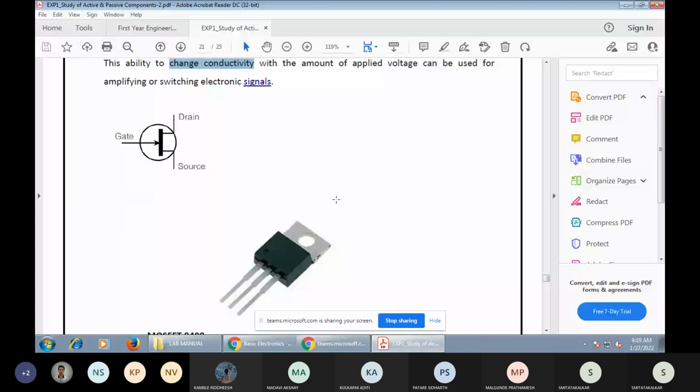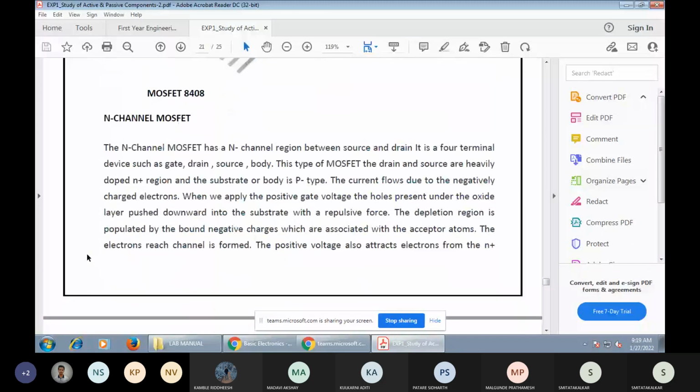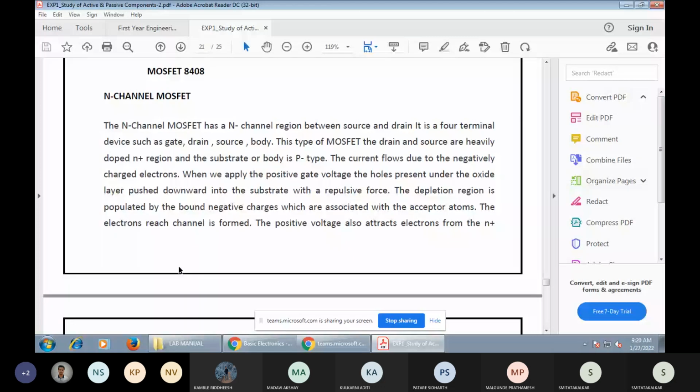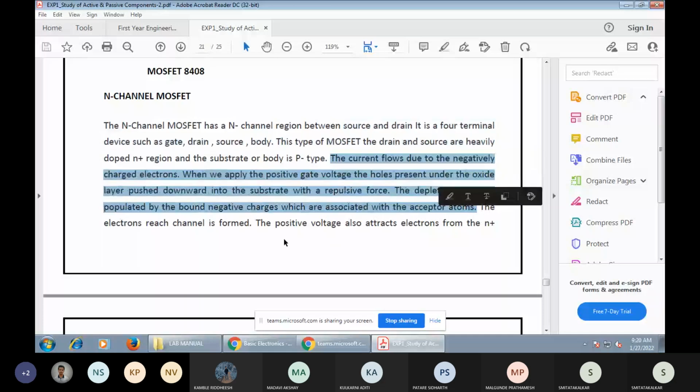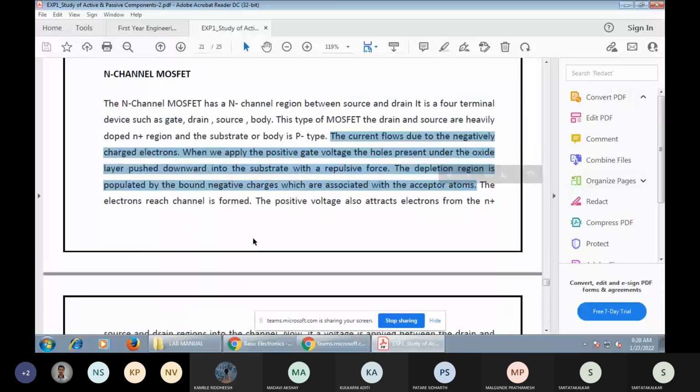This is also of two types. One is the N channel, the electron MOSFET, and the other is the P channel, the hole MOSFET. In the N channel, you use the region between source and drain terminal, and in a P channel the current flows negatively, because of the formation of the junction.